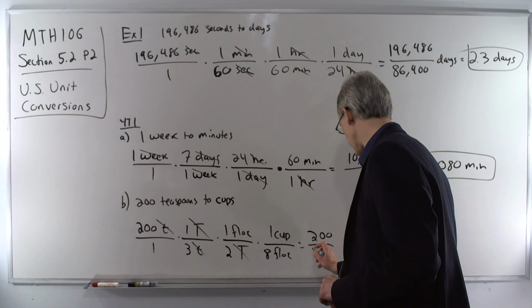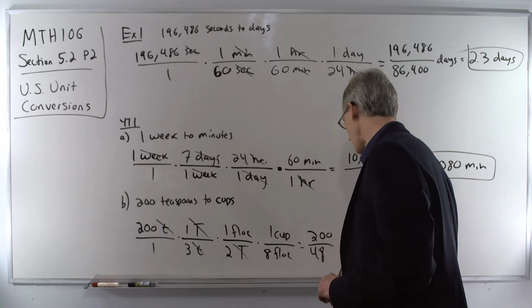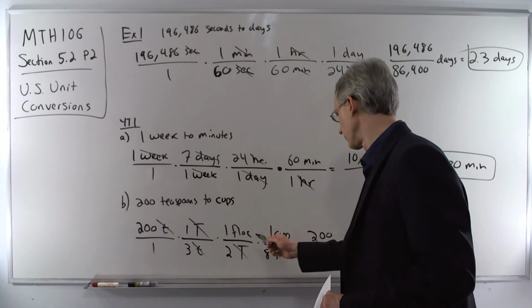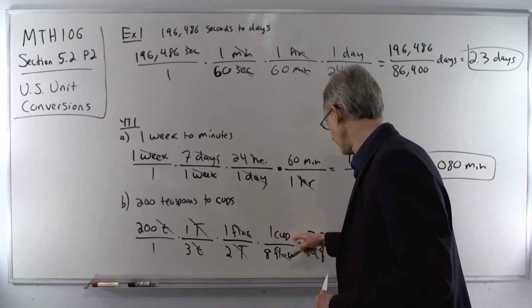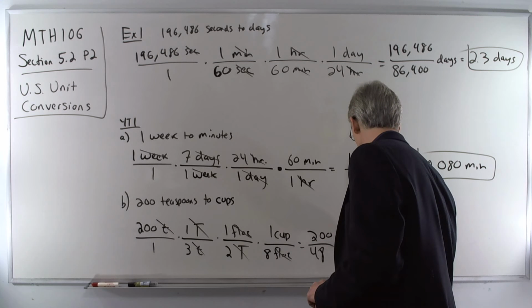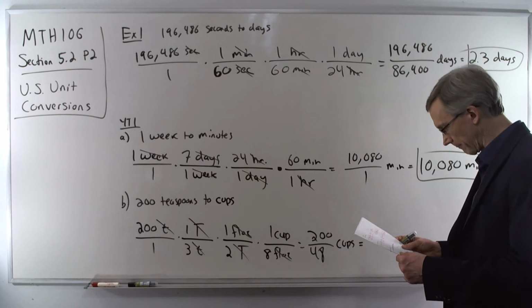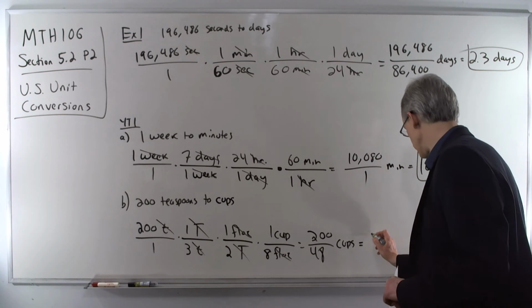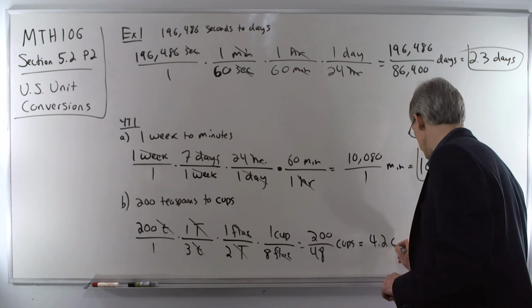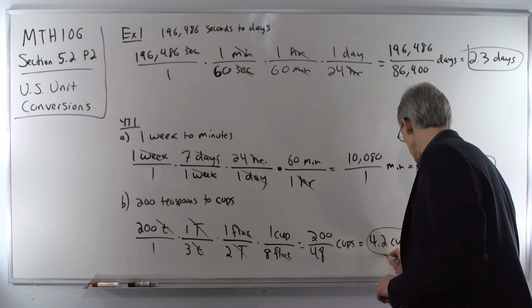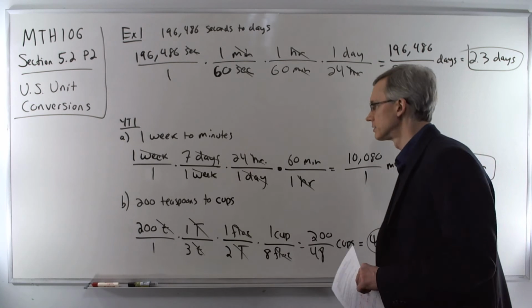So that's 6 times 8 or 48. We got 48 on the bottom, and fluid ounces cancel, so our units remaining are cups, exactly what we're looking for. So that is great. 200 divided by 48, and that is 4.2, rounded. So 4.2 cups in 200 teaspoons.